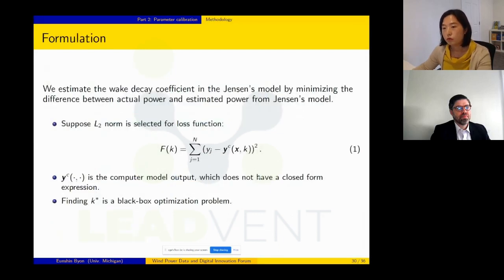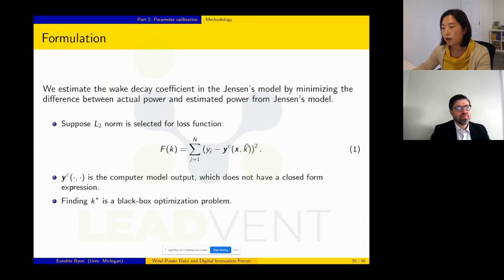And to find this wake decay coefficient, we formulate the problem this way. So we look at the difference between actual data. Yj is the output from the actual wind turbine or wind farm, and Yc is the output from Jensen's model.